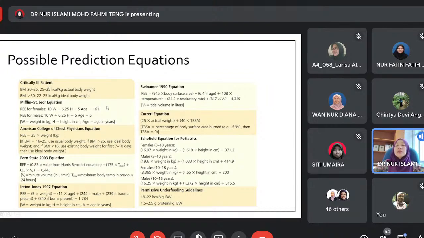So we can follow this quick method. We can also use the Mifflin-St Jeor equation, the Penn State equation and other equations as well, depending on the patient. For burn patients, there are other specific equations as well.